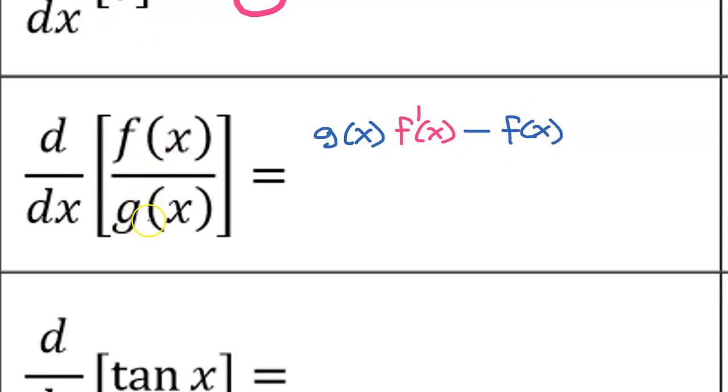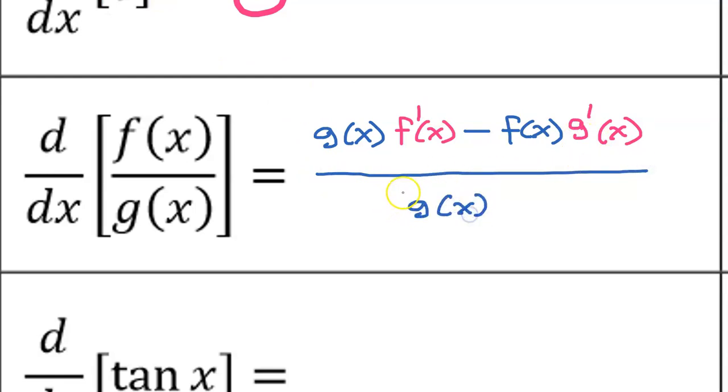D low is g prime. So low d high less high d low. Draw the line, and down below, the bottom squared will go. So there's your quotient rule.